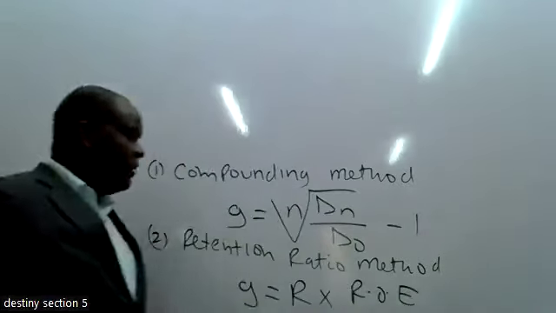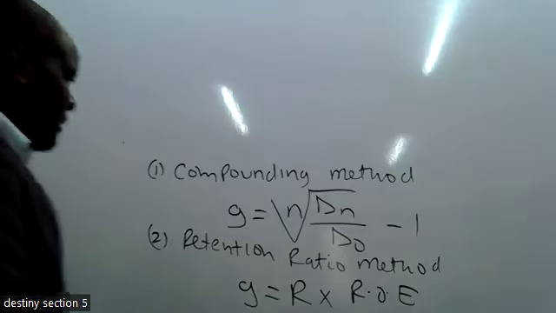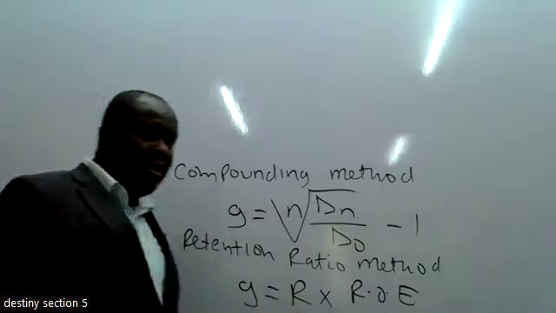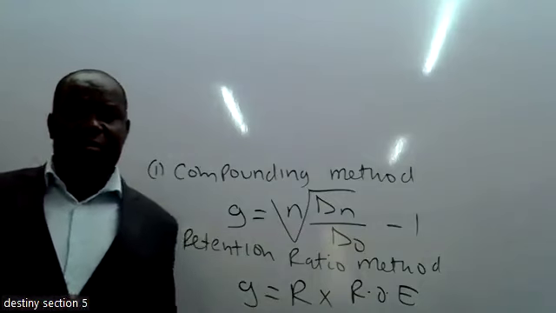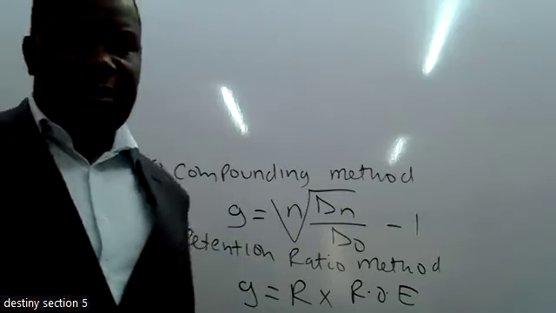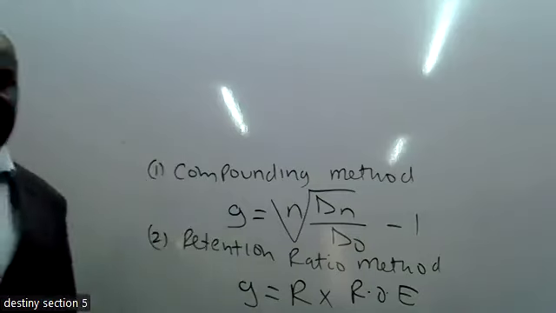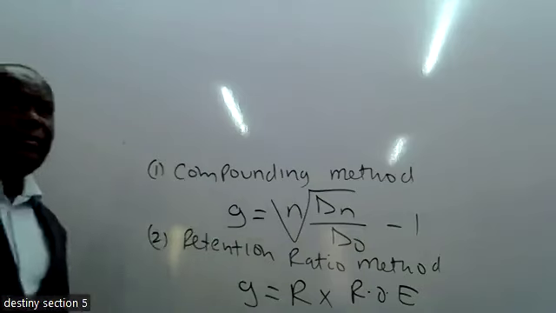I will explain what each one of them stands for. So G is simply equal to R multiplied by, where R is the retention ratio of the profits.